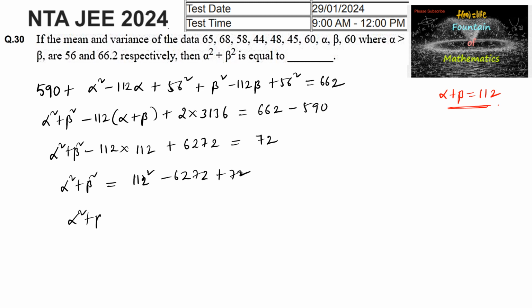That is, alpha square plus beta square is equal to 112 square, whose value is 12544, and here we write minus 6272 plus 72, which will give minus 6200. So we can say alpha square plus beta square, if we subtract, we will get 6344. So the value of alpha square plus beta square is 6344, which is the answer.